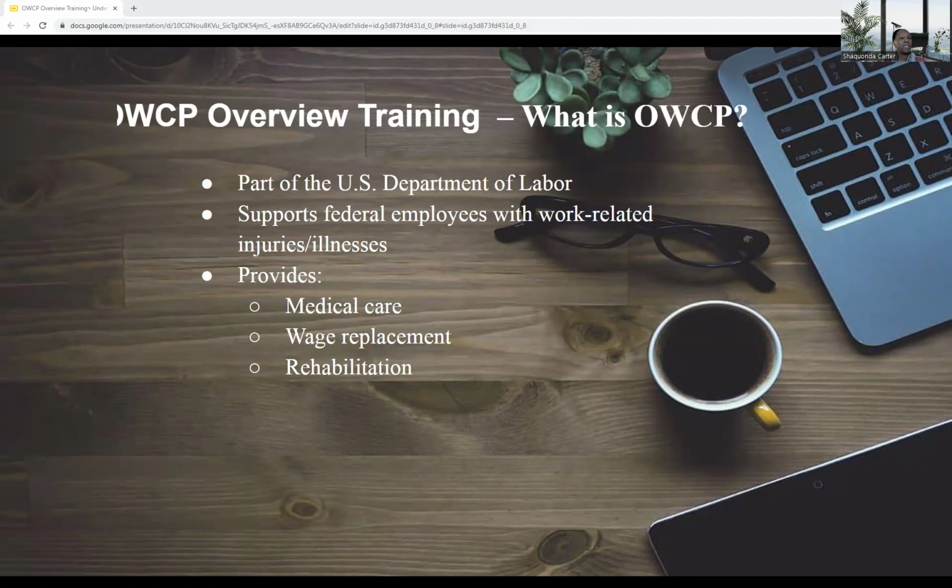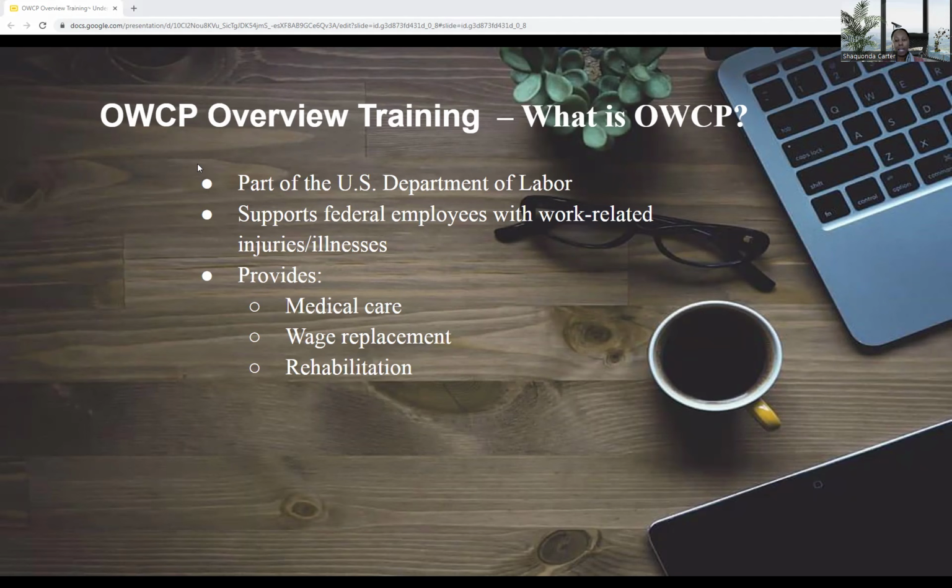All right, so basically OWCP exists to support employees who are injured or become ill due to their job. It ensures they receive care and compensation while recovering.